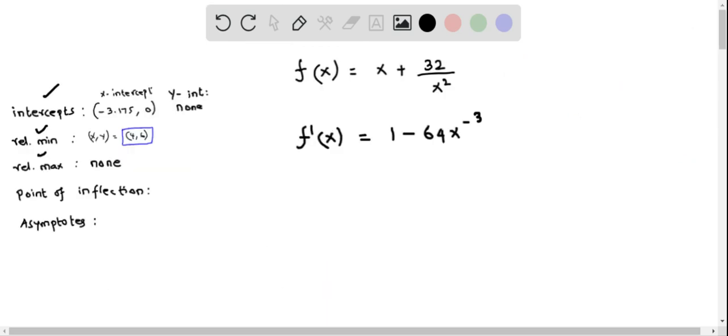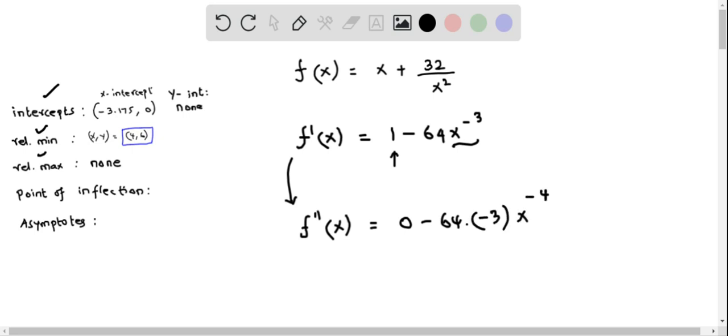We will now determine the points of inflection of the graph of f of x. So for that we need the second derivative. So using the first derivative of f of x, we will find the second derivative. So let's differentiate both sides with respect to x, and so we get f double prime of x, and this equals the derivative of 1 is 0, minus 64 times the derivative of x power minus 3, which is minus 3x power minus 3 minus 1, which is minus 4.